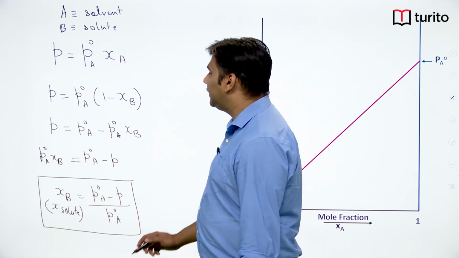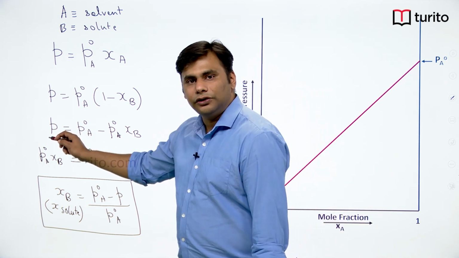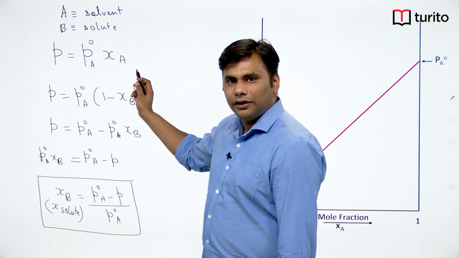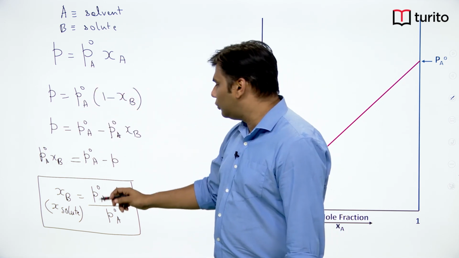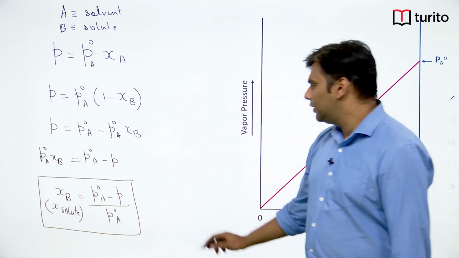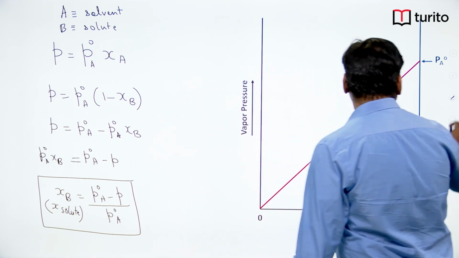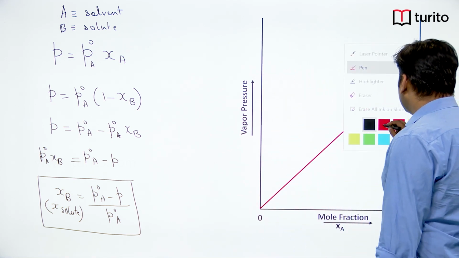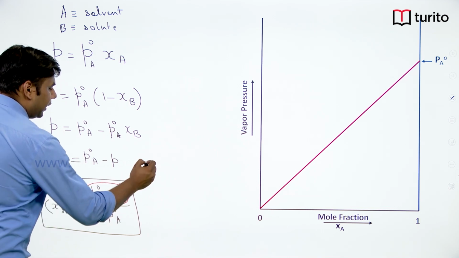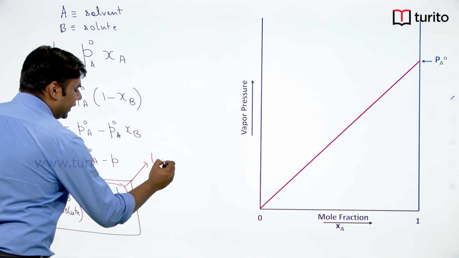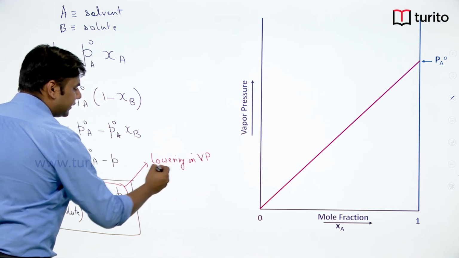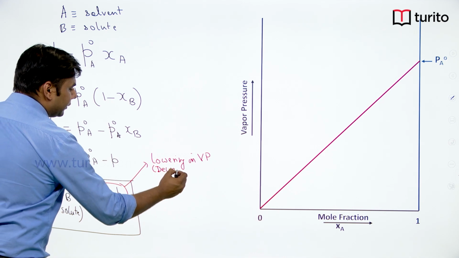So the pressure exerted over the solution by the solvent would be P naught A into XA. We know that the pressure would decrease, so P naught A minus PA would be the decrease in the vapor pressure. This quantity P naught minus P is known as decrease or lowering in vapor pressure.